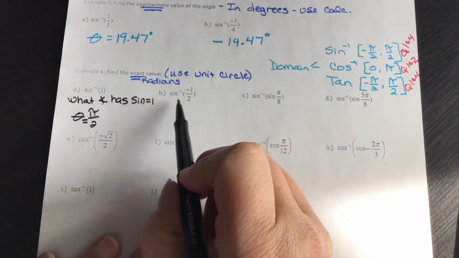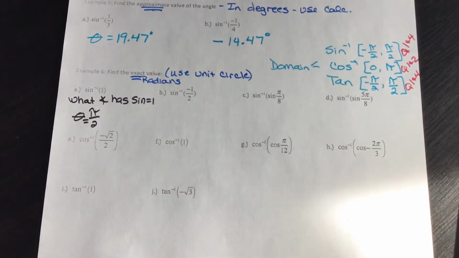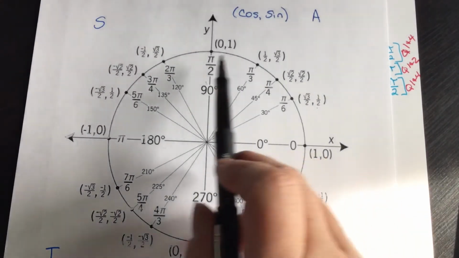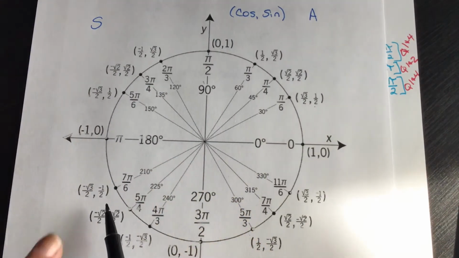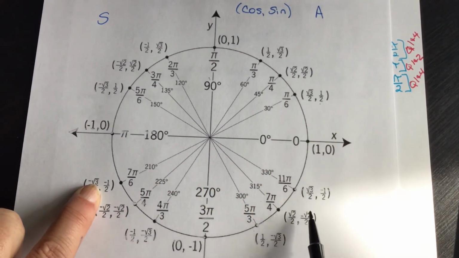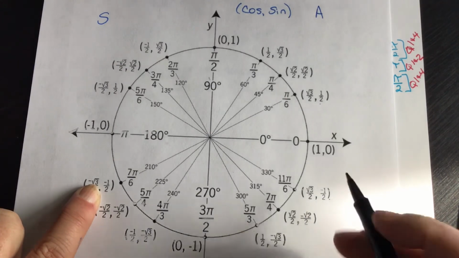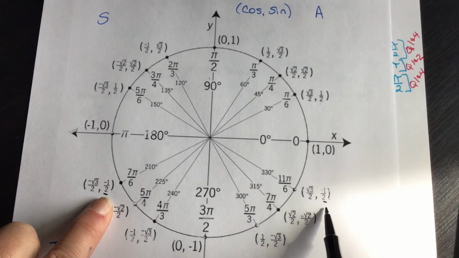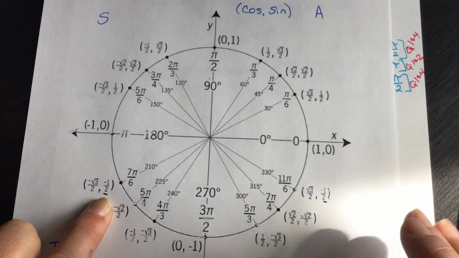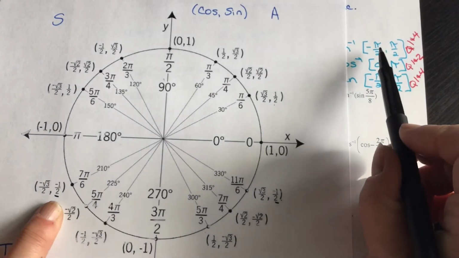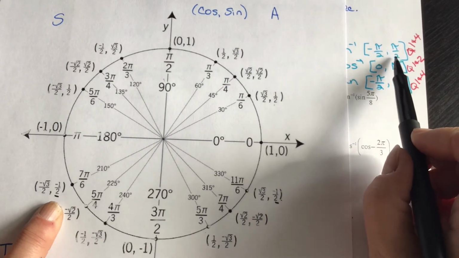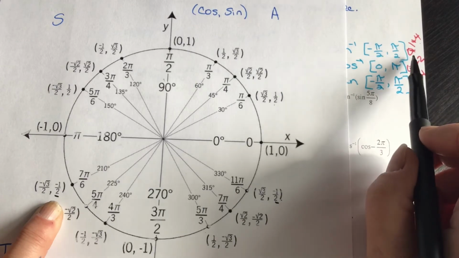All right, so inverse sine of -1/2. Which angle has a sine of -1/2? If I look at my unit circle, -1/2 is here, and it's also over here. So I actually have two angles that have a sine of -1/2. And this is where our domain comes in, because we're only looking for angles that are between -pi/2 and pi/2, looking in quadrants 1 and 4.